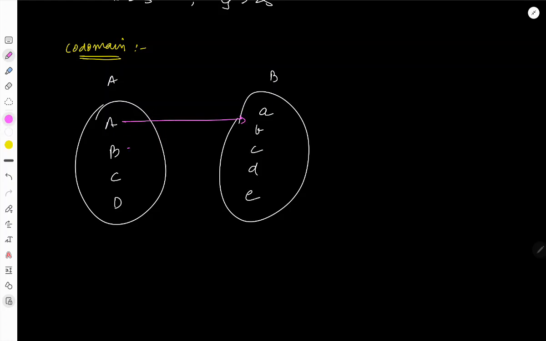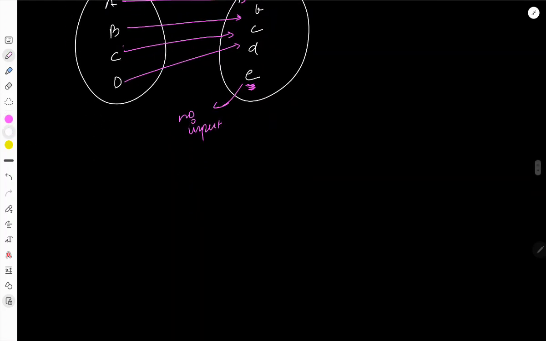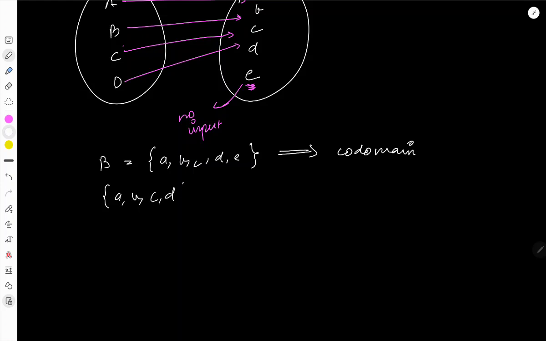And if I map them like this, a, b, c, this e has no input, but still it exists in set B. So now I can say B, that is a, b, c, d, e, is the codomain. And if we write the set of a, b, c, d, this is our range.